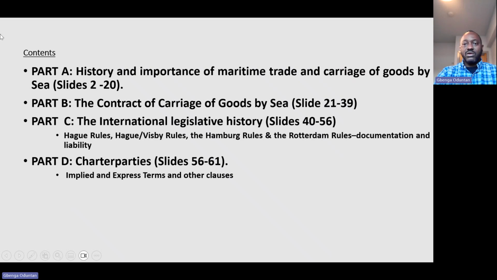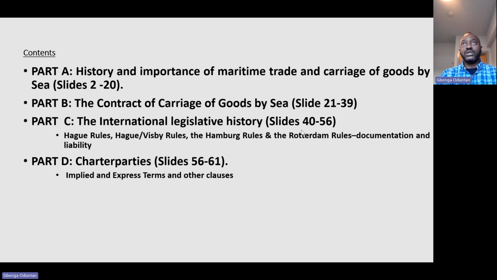We, as I said, will cover the history of maritime practice. We will cover the contract of the carriage of goods by sea, which also will necessitate a look into the rules, the international conventions and rules by which this area of law is governed internationally.